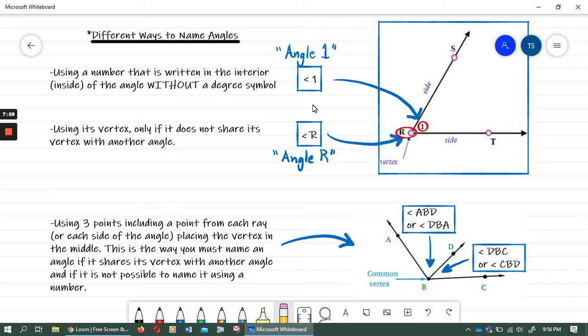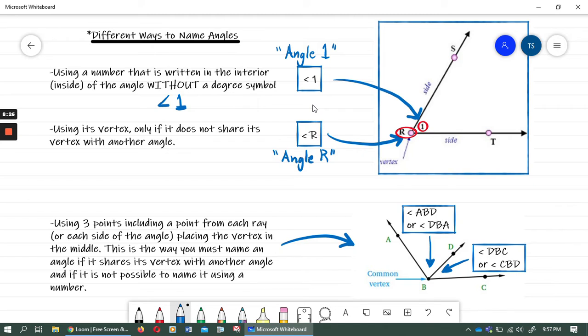And folks, a lot of times they'll use a certain symbol to represent that we're talking about an angle. So if they wanted to say angle 1, that symbol sort of kind of looks like a less than sign, and I don't want you to get confused with the less than sign.